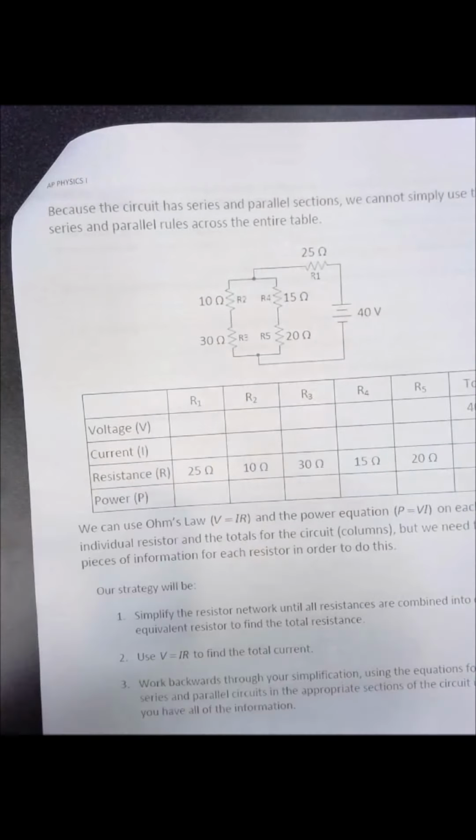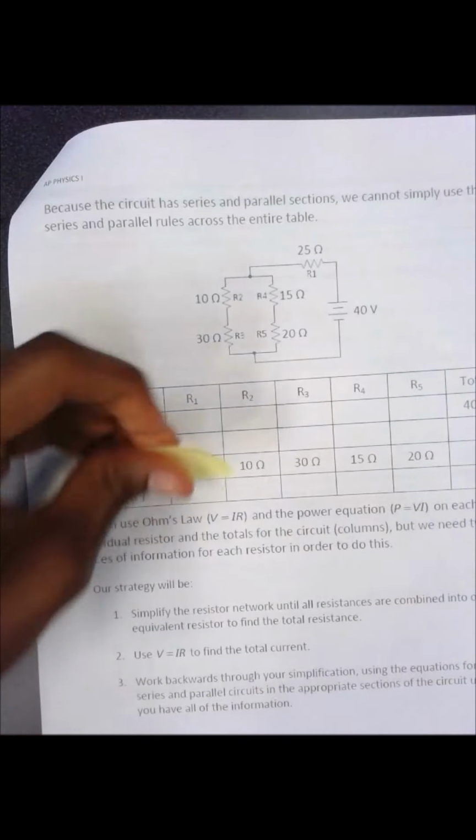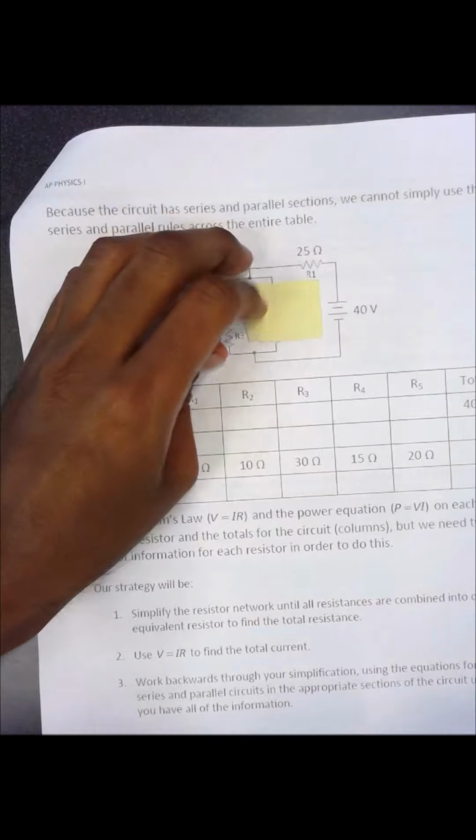That means you see 2 resistors here, 2 resistors here. You know that these 2 resistors are in series, and these 2 resistors are in series as well. So what you can do is replace them. Let's say there's R4 and R5. Call them one big resistor.